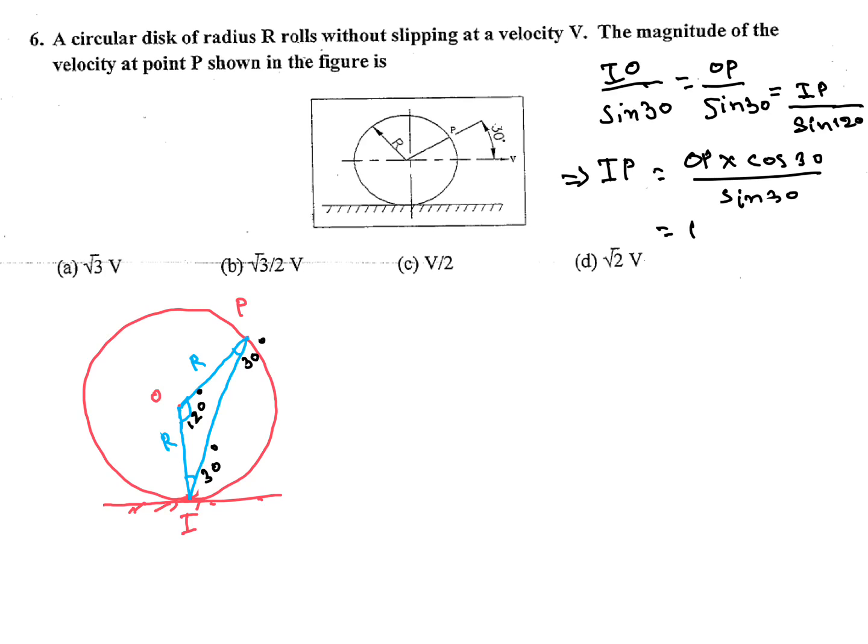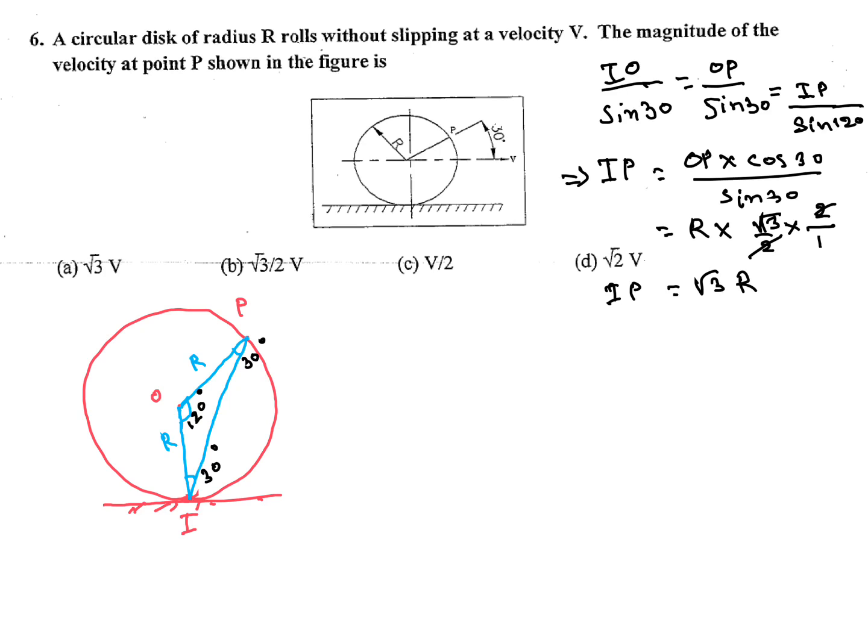OP is R, cos 30 is root 3 by 2, sine 30 is 1 by 2. So it's 2 by 1, the 2 cancels, and we get IP equal to root 3 R.